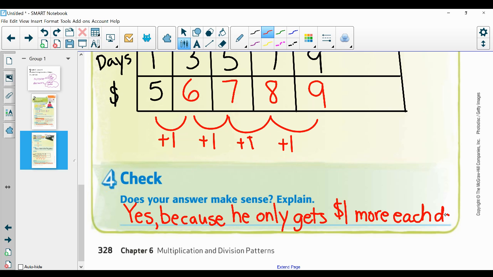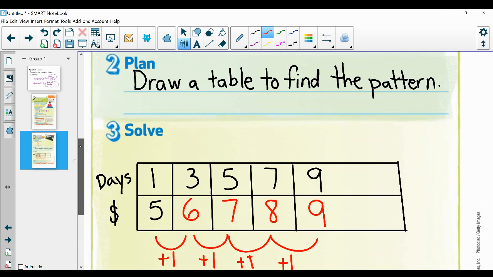And I ran out of space. End of sentence, so I need a period. There you go. That's how you do problem solving using a table.